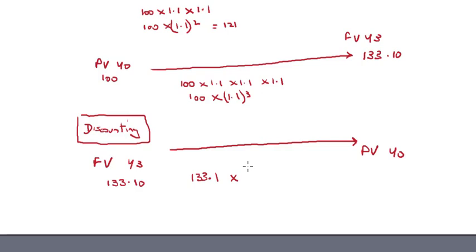Well, we multiply it by 1 over 1.1, and then we do it again, multiply it by 1 over 1.1, and we do the same again for the 3rd year. Or another way of saying it is, it's 133, the actual cash flow, multiplied by 1 over 1.1 to the power of 3. So you can see it's just the opposite of what we were doing with compound interest. And that, of course, gives us the answer, which is 100.